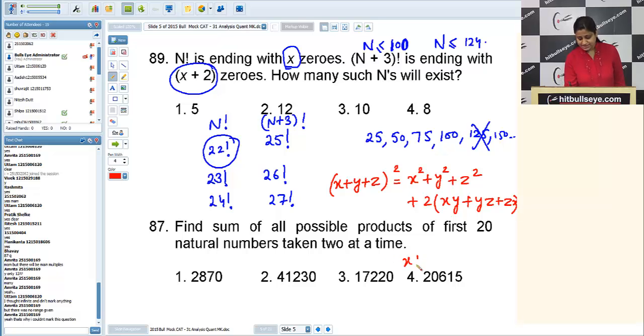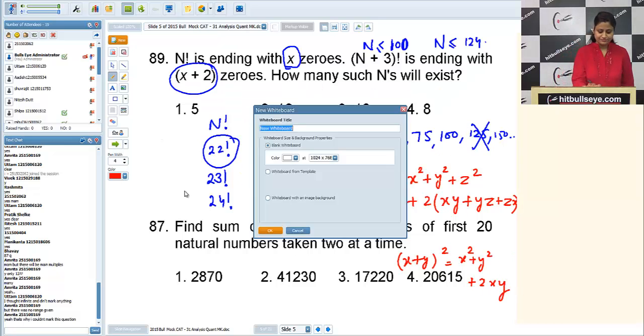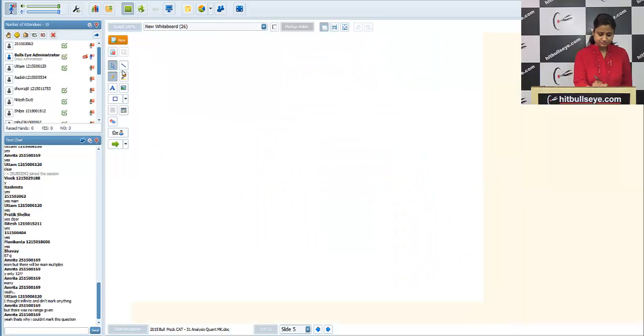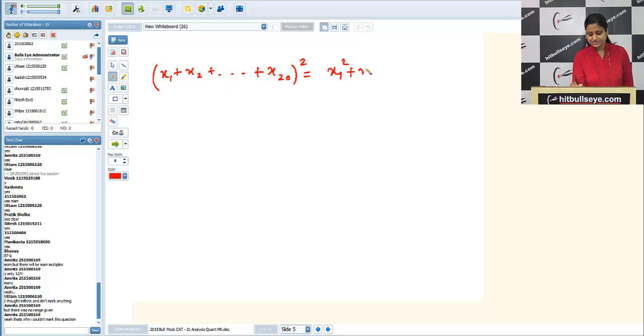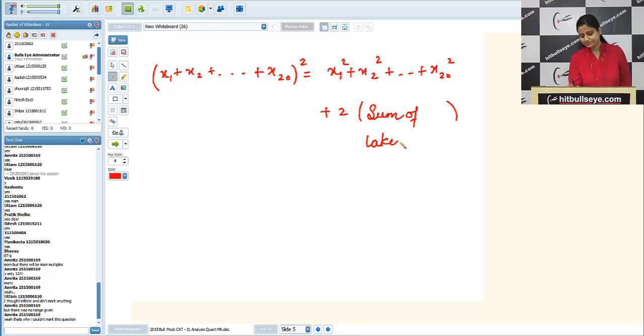Similarly, we have the formula (x plus y) whole square, which is x square plus y square plus twice the product taken 2 at a time. So if we generalize this formula, because 20 numbers are asked, I'm taking x20. It will be (x1 plus x2 and so on up to x20) whole square equals x1 square plus x2 square and so on up to x20 square plus twice the sum of all the products taken 2 at a time. Is it okay, all of you?